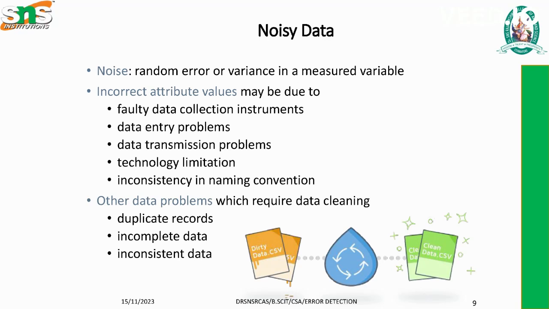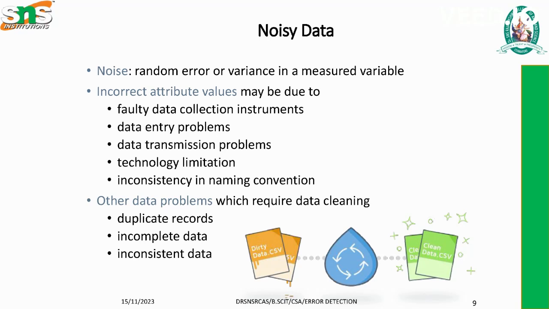So we have seen all these types of noisy data. The random error or variance in a measured variable. Incorrect attribute values may be due to faulty data collection instruments, data entry problems, data transmission problems, technology limitations, or inconsistency in naming convention. So these are all noisy data, and this is how it occurs.